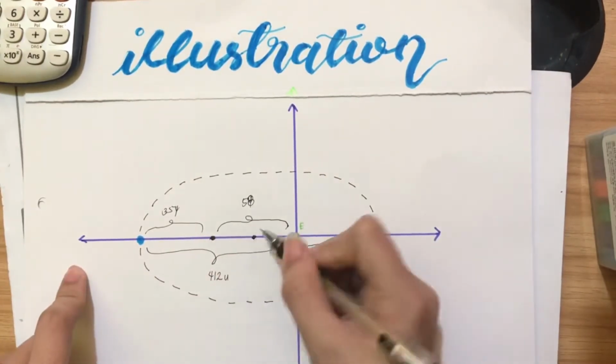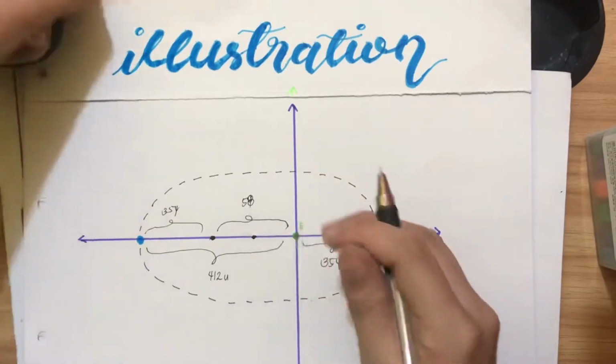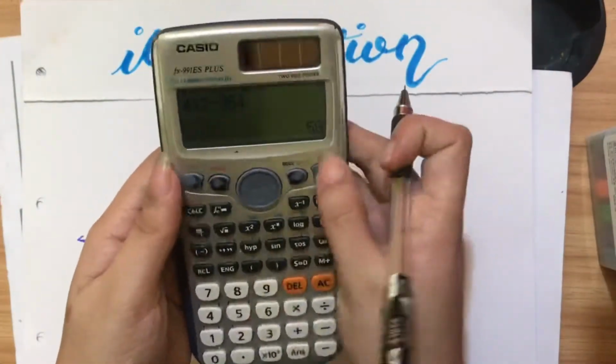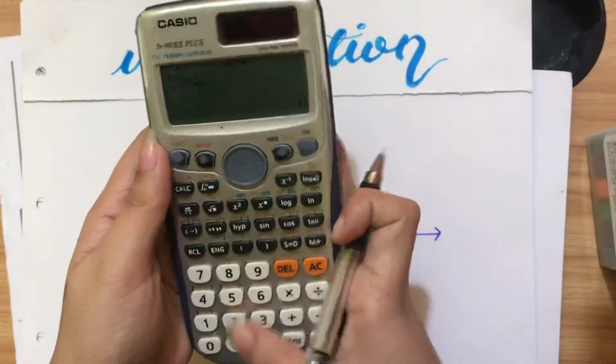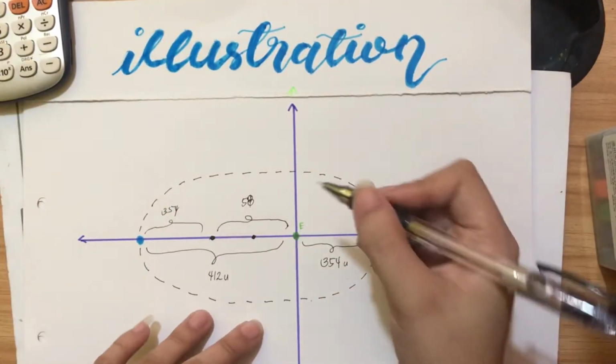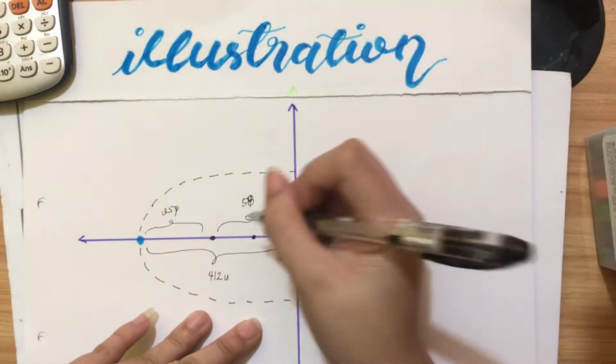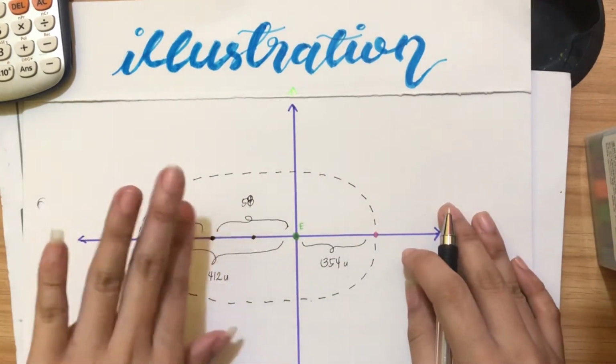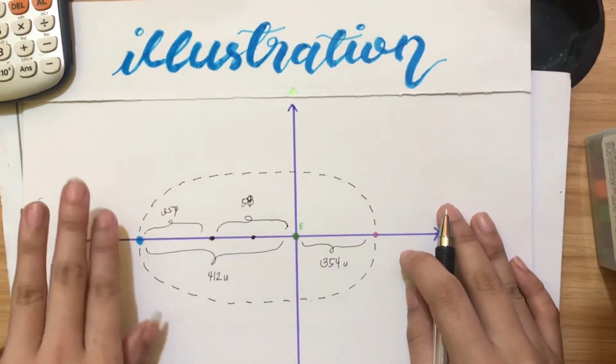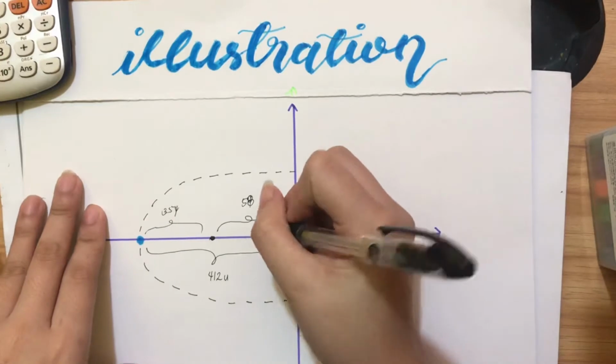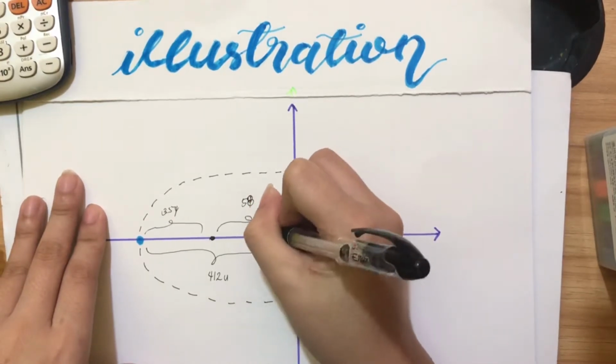To find the center, we need to divide 58 by 2. So 58 divided by 2 is equal to 29. Since the center is to the left side, it will become negative. So the center is negative 29, 0.